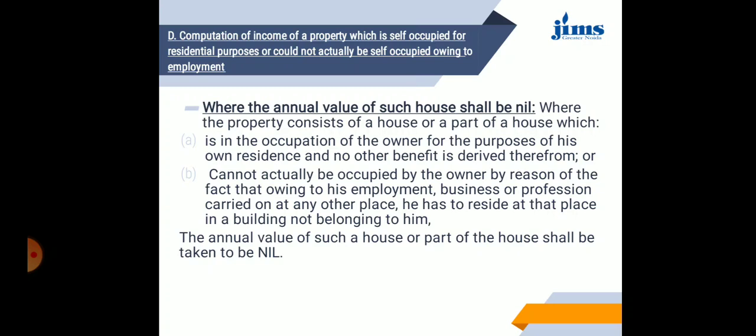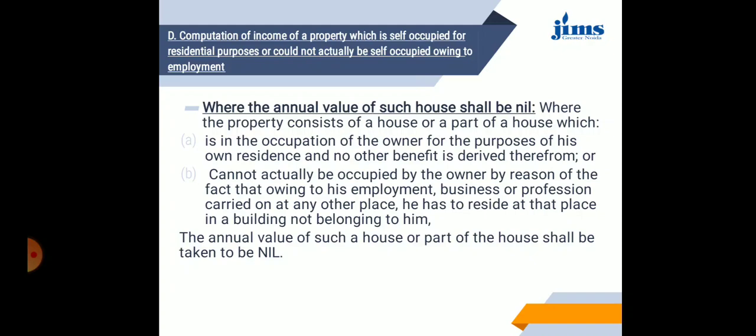The only deduction permissible against this nil income is interest on borrowed capital, which can be up to rupees 3 lakh or 1,50,000. No other deductions for self-occupied property are permissible, hence only the interest claim would be available for set off or carry forward if the conditions mentioned have been satisfied.